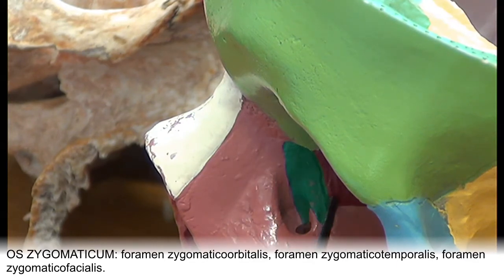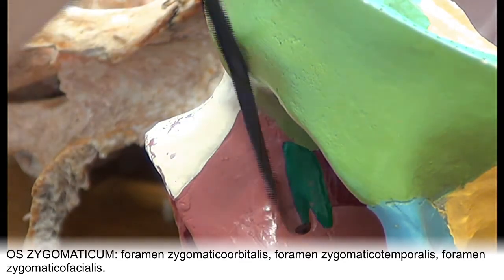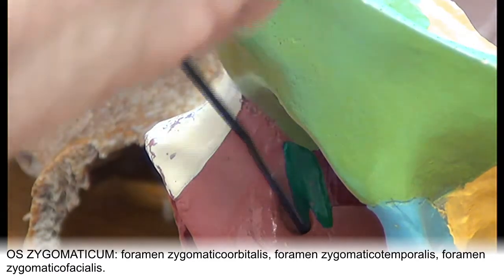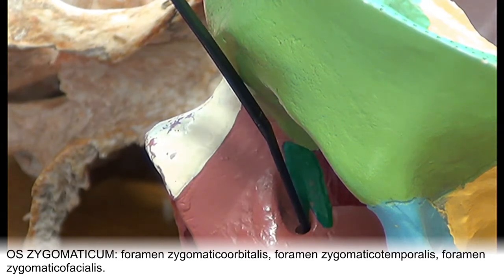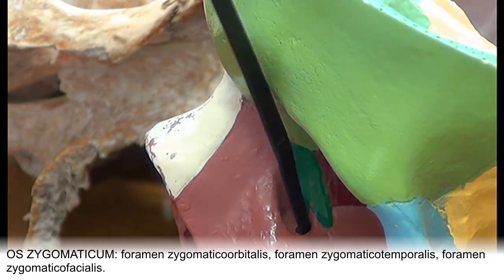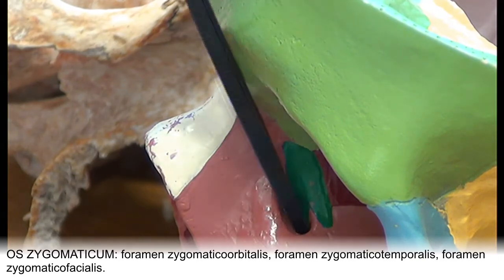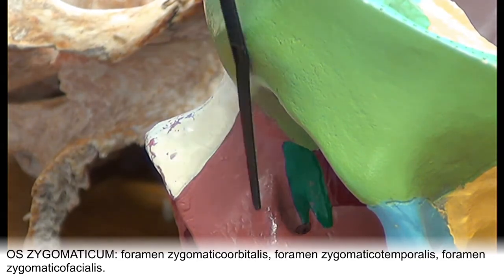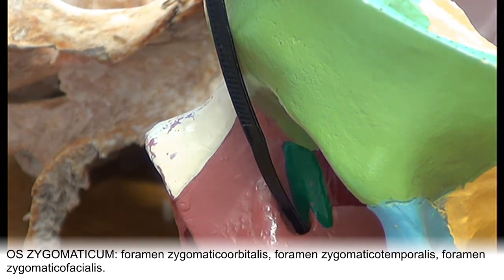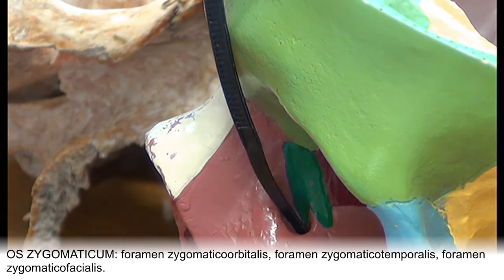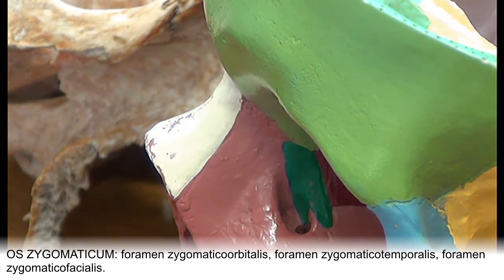Very small bone, but for us it's very important that here we can find this canal. What is this? It's canalis nasolacrimalis.